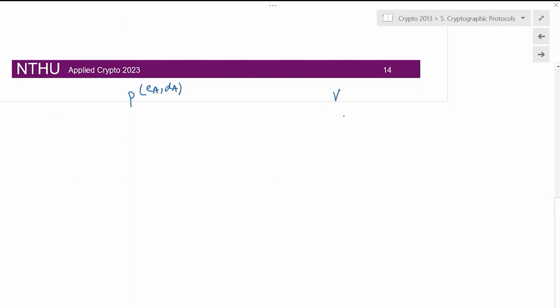The verifier says that the way I can convince myself that this is indeed the prover is as follows. I generate a message M randomly, let's say we are working with RSA, from Zn, and I encrypt it and send the ciphertext to the prover.